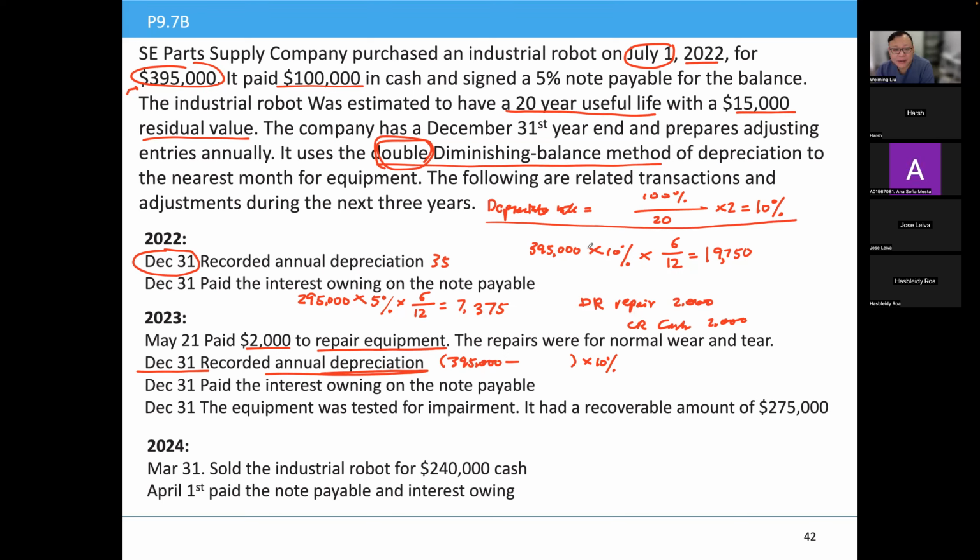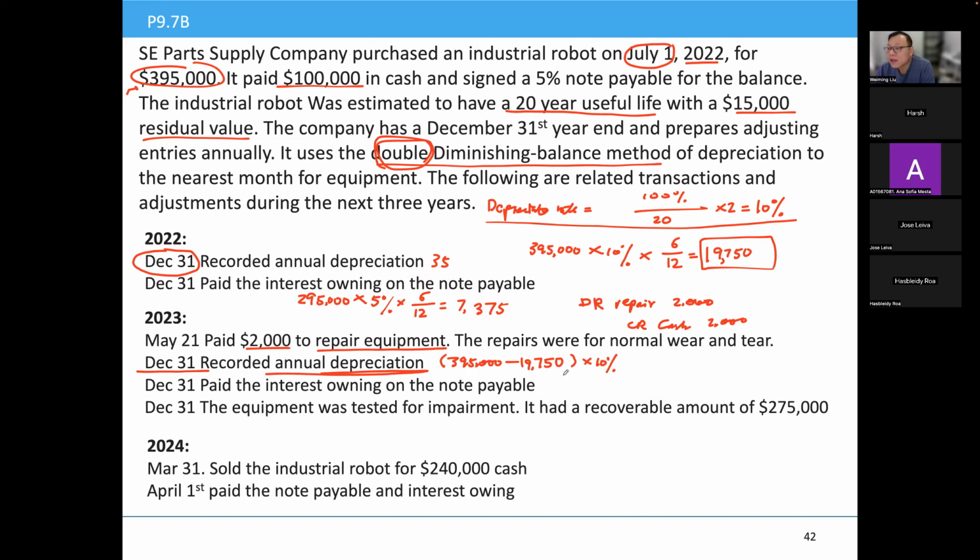Remember, I already have some depreciation, right? So that depreciation is this, $19,750. So I use the cost minus 19,750. That's my cumulative depreciation.